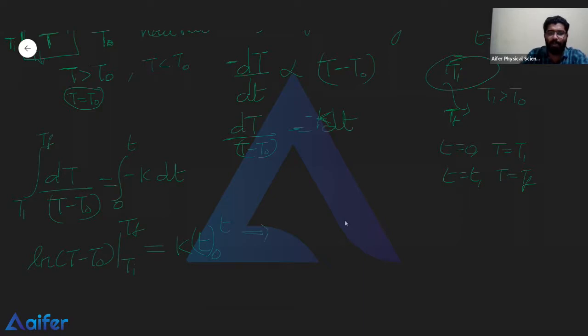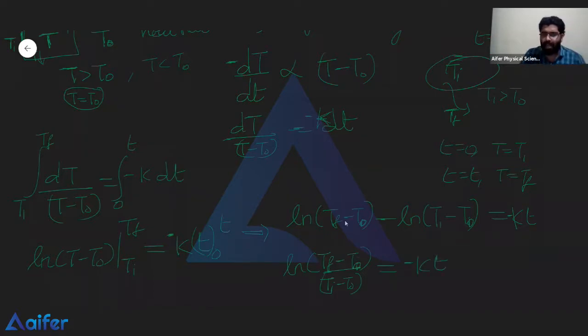So that gives you ln (Tf minus T0) minus ln (Ti minus T0) equals minus kt. So the final expression is log of (T final minus T0) divided by (T initial minus T0) equals minus kt.